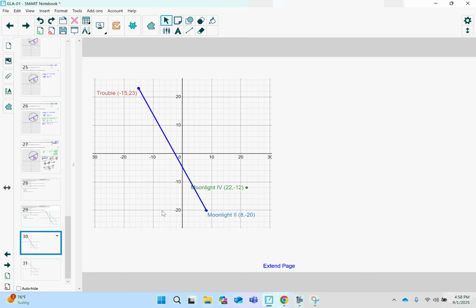And I'm going to start by finding the distance between Moonlight 2 and the boat in trouble. So that will give us the answer to part A of this question. Now I'm going to use the distance formula, but I don't really usually write it out, although I will write it out for you. I'm going to write it out how I like to write it out rather than using the book's definition.